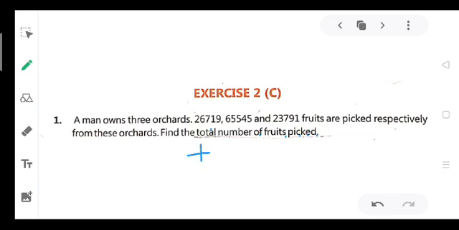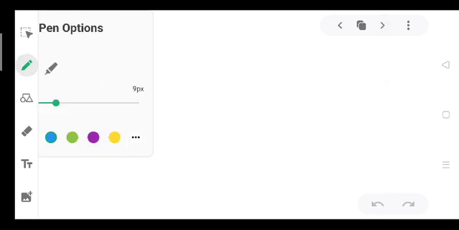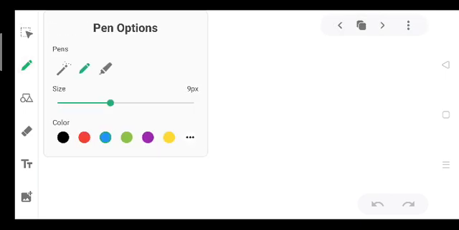So we easily start writing our statement. Fruit trees, or you can write fruit picked from one orchard.